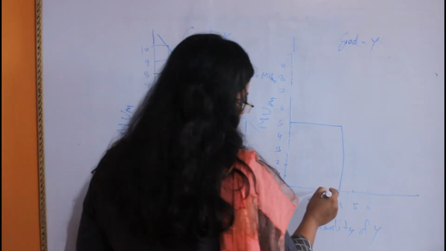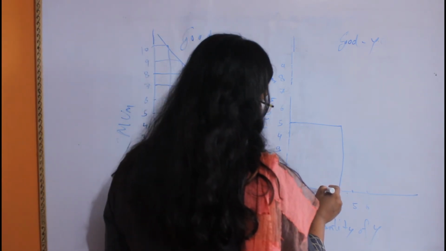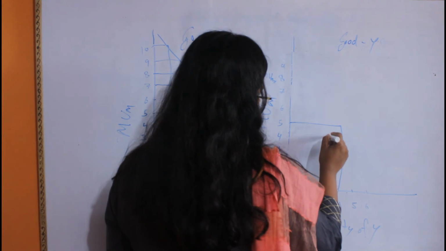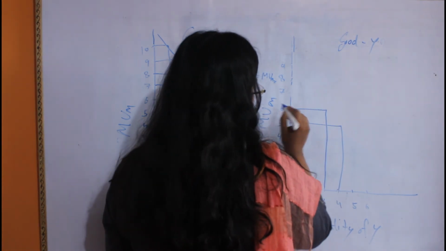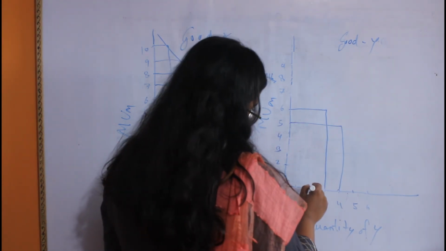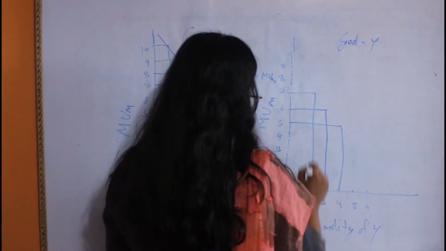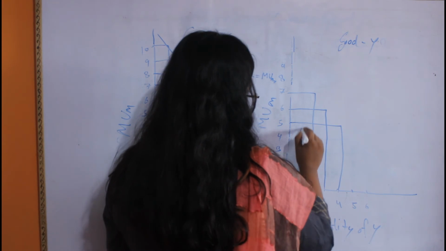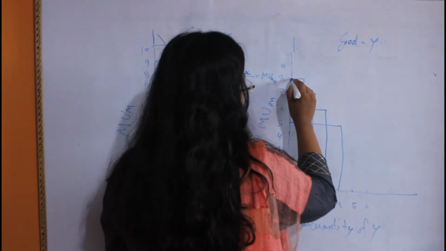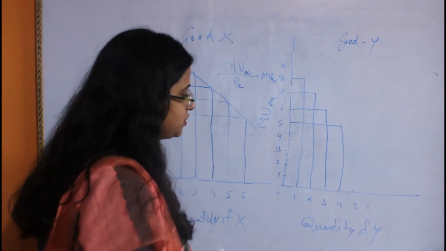Third unit of Y gives 6 units of marginal utility of money spent on the commodity Y, and so the second and the first.